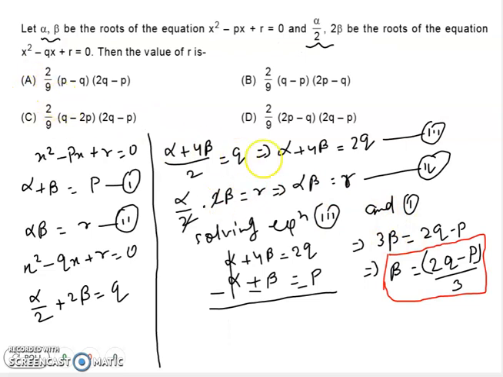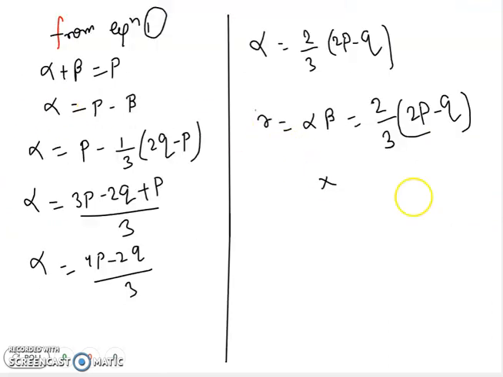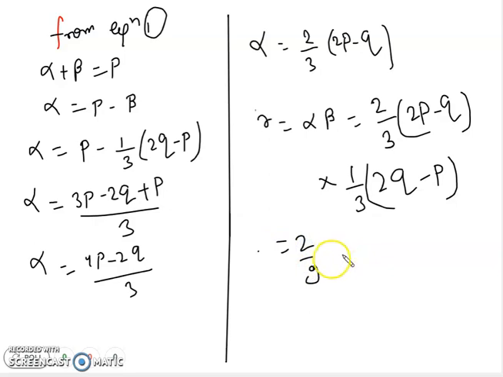After multiplying, we will get 2 by 9 into (2p minus q) into (2q minus p). So it will be the correct answer.